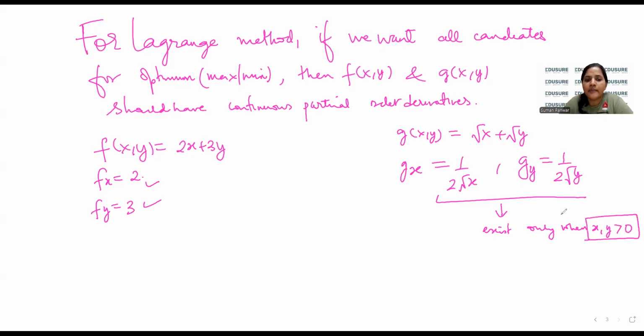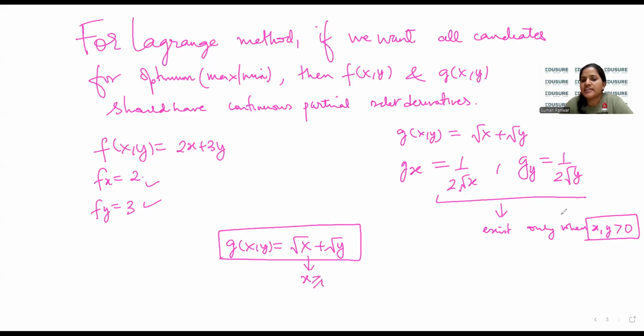Now, if you look at the domain of g(x,y), you can see that the domain is x greater than or equal to 0, y greater than or equal to 0. So there are points on the domain, that means at x equals 0 and at y equals 0, where the partial derivatives do not exist at all, and they are not continuous.